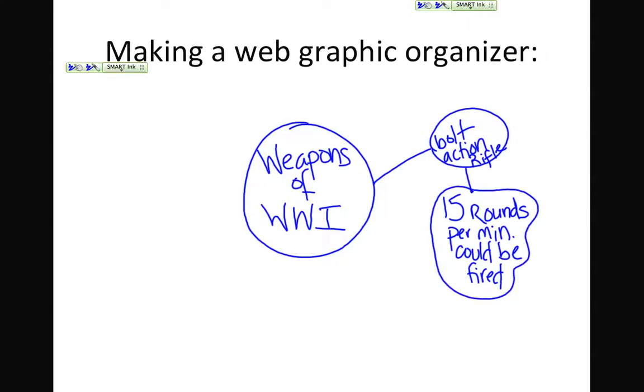Okay? There's something else in this paragraph that you need to add to your web graphic organizer. And there you should see the word bayonet. So I'm going to draw another circle, put the word bayonet in there, and figure out what information I can add about the bayonet.